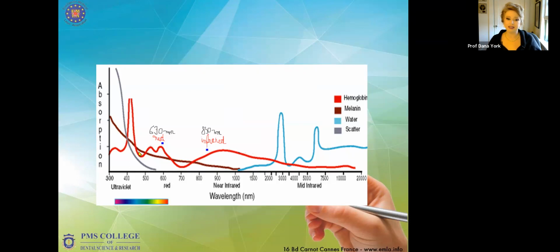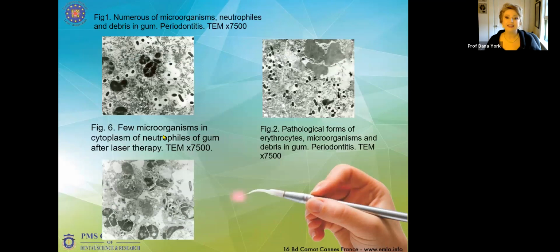And you see in the spectrum of light absorption how hemoglobin has peaks of absorption, for the infrared 910, and for the red 630. So in our clinic, we studied the gum and we arrived at the finding that the laser kills bacteria.